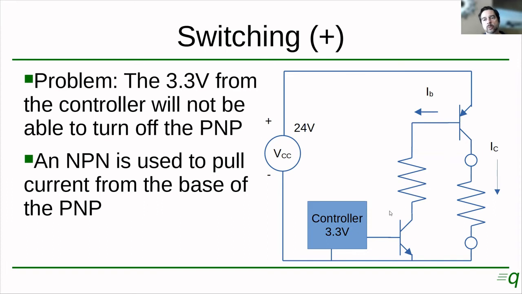Now, when the controller turns off this transistor, there's no current flowing from the base, and therefore there's no current flowing through the collector. But sometimes, to ensure that there is actually no current flowing through the base, another resistor is added here, right? Because even if this transistor is off, it is never 100% off.